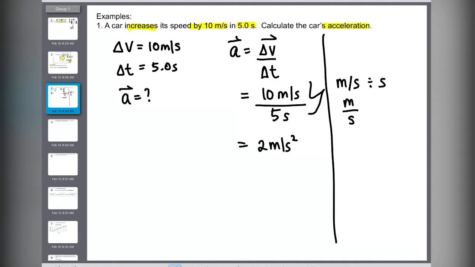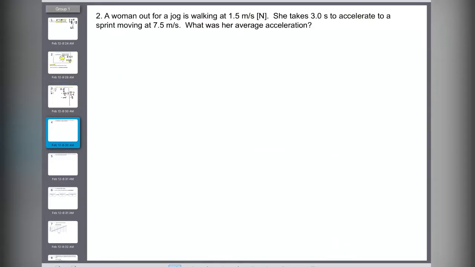Do you understand that? That's what this means, right? When I'm dividing by second, it's the same thing as multiplying by the reciprocal. I'm only allowed to cancel if I'm multiplying and one is at the top, one is at the bottom. But do you see both are at the bottom now? So meters times 1 is meters, second times second is second squared, and that's why the unit is meters per second squared.